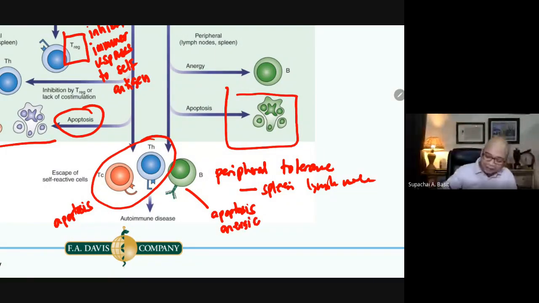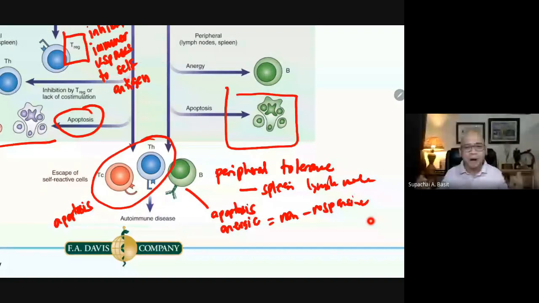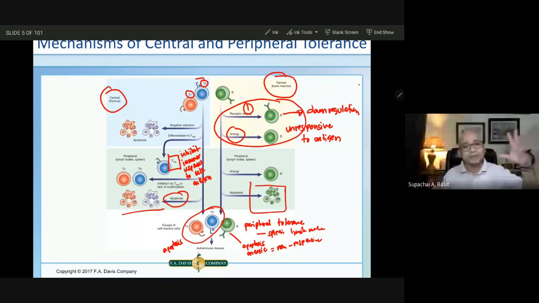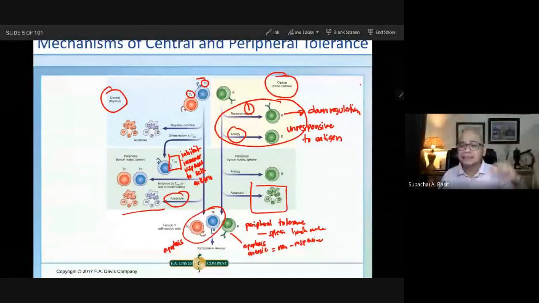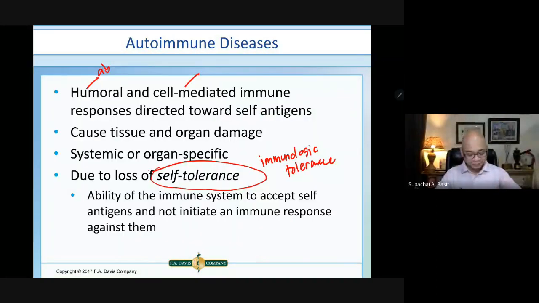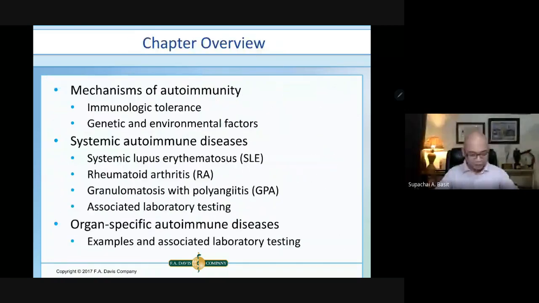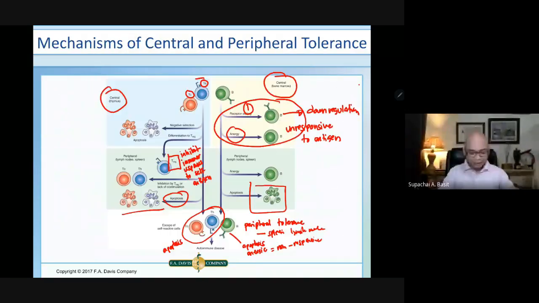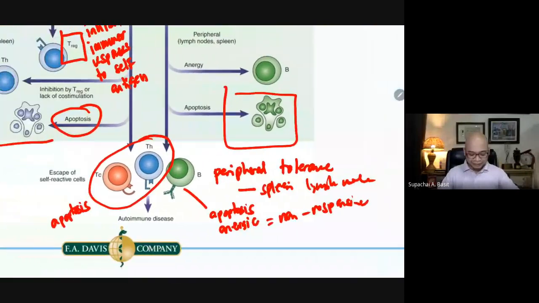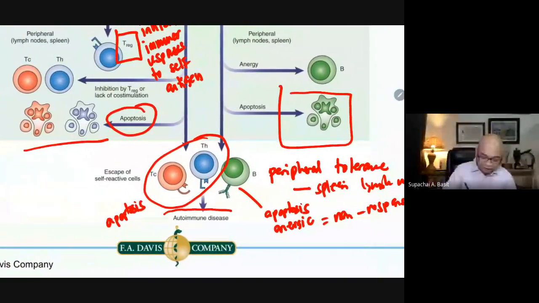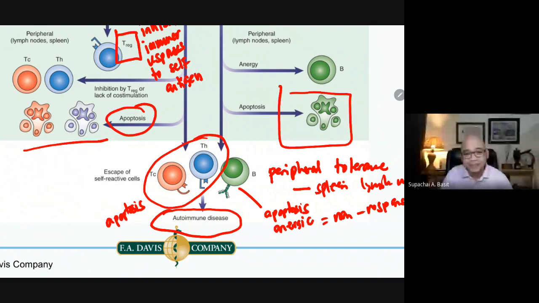Again, when we say anergic, what does that mean? Non-responsive. Our immune system is very capable. If cells get past central tolerance, we have peripheral tolerance. If they get past peripheral tolerance, then what will happen? If our cells escape peripheral tolerance, this is where autoimmune disease will take place.